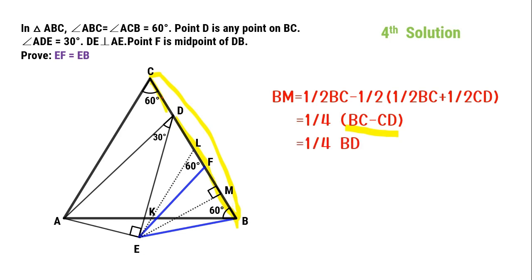BC minus CD is segment BD. So BM equals 1/4 of BD.